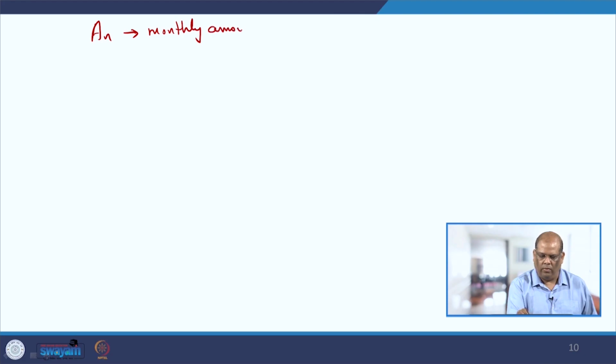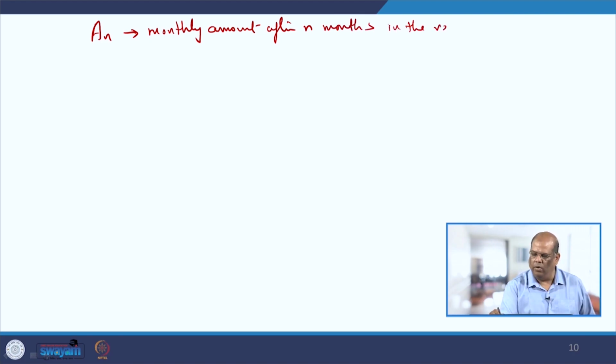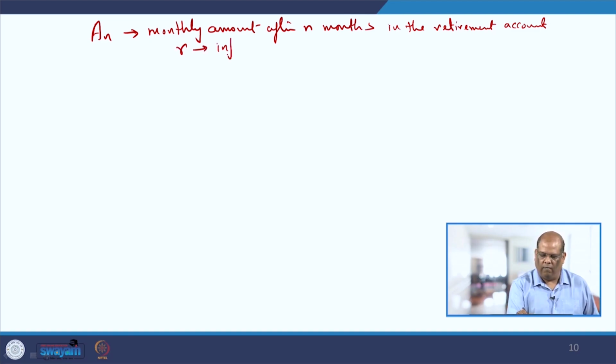So, if we want to model it, let us say this is An, the monthly amount after n months in the retirement account, and let R be the inflation rate.